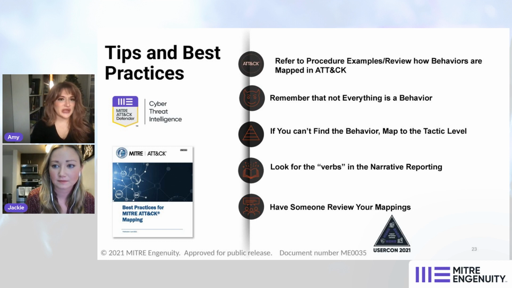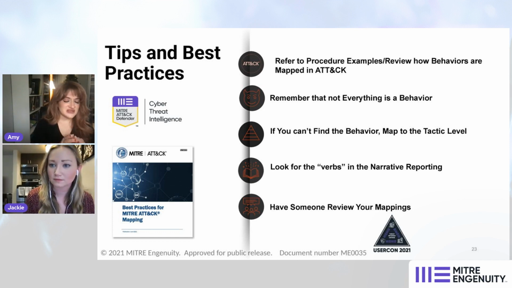For the first one, refer to procedure examples, and review how behaviors are mapped in ATT&CK. I've emphasized this a few times over the past several minutes, but procedures are a key part of mapping, as they're the examples of how adversaries in the wild have specifically implemented this technique or sub-technique.